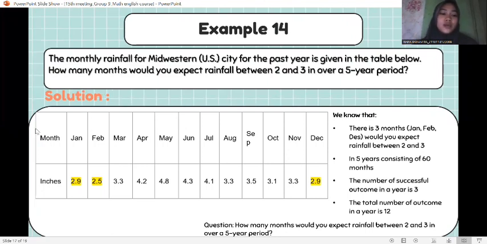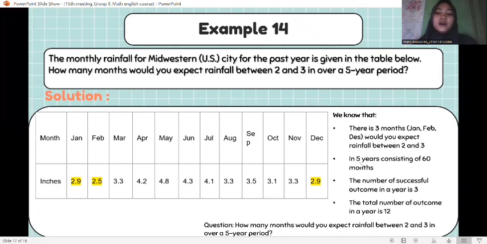From the question we have that this is the month from January to December, and this is the inches in the month. So from the table, we know that there are 3 months, January, February, and December. What do you expect rainfall between 2 and 3?